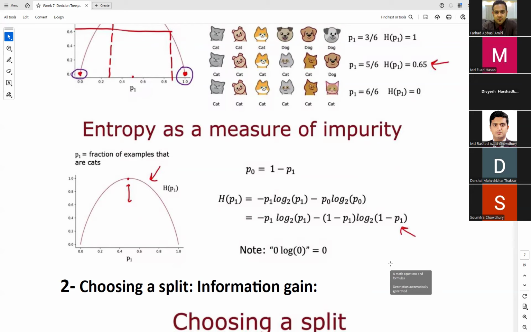So far, when you're building your decision tree, you need to choose which feature to use for the root node to start splitting the data on, right? How can you choose the feature that generates more purity? You measure the entropy, the H of P1, and then you can decide which feature to start the splitting on.